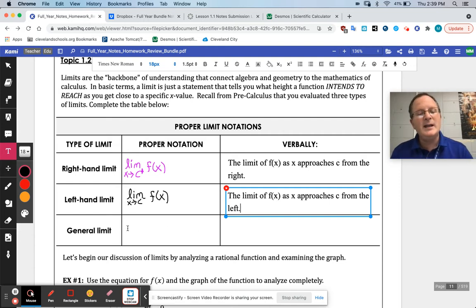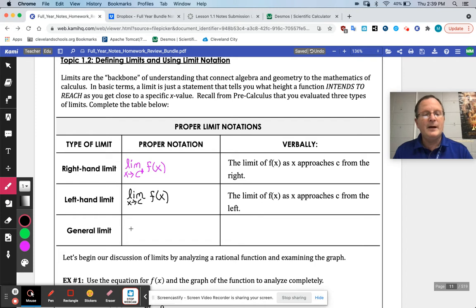And then in general, we'll have no left or right, just in general, the limit as, so LIM for limit, as x approaches C, no plus or minus this time, of f of x.